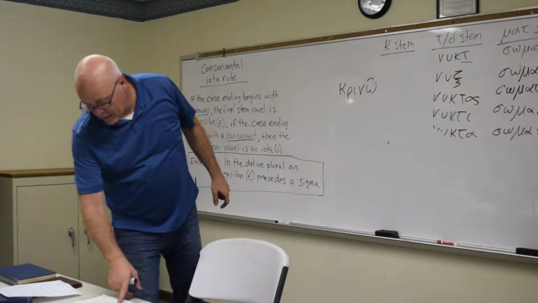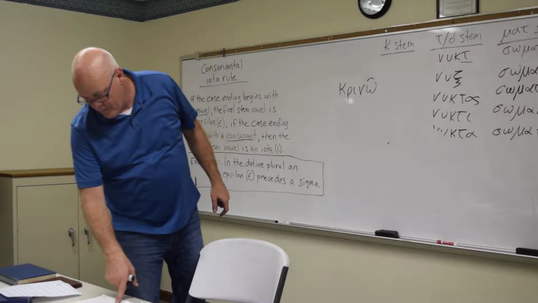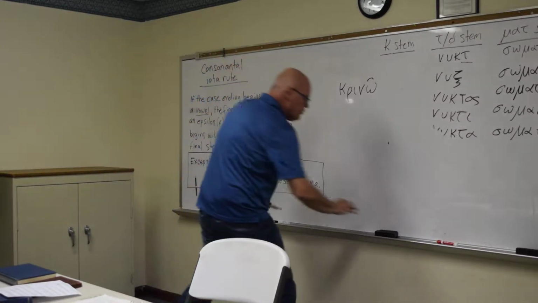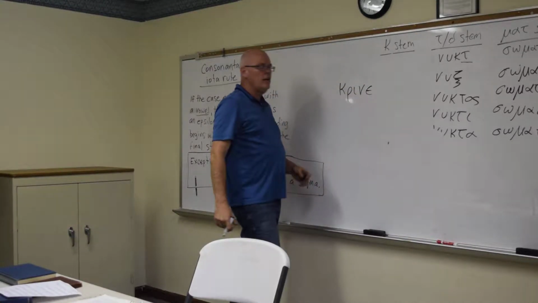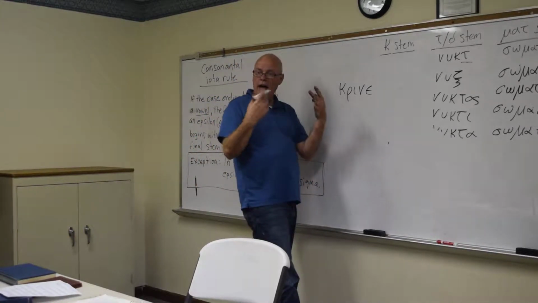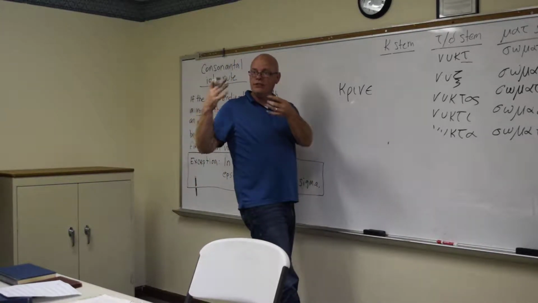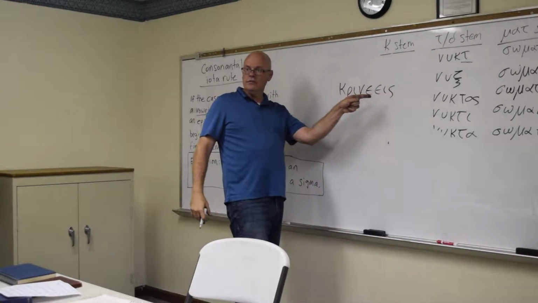Same thing with the crinice, which is your second person singular. So you do exactly the same thing. You start off with the epsilon, drop the sigma, and then I add my thematic vowel or ending, which is this for the second person.